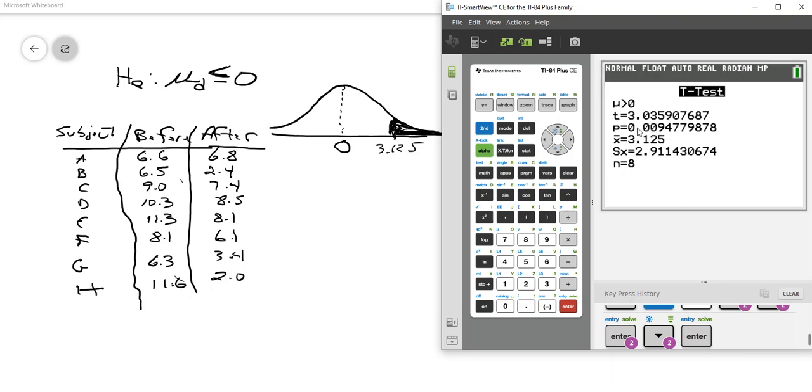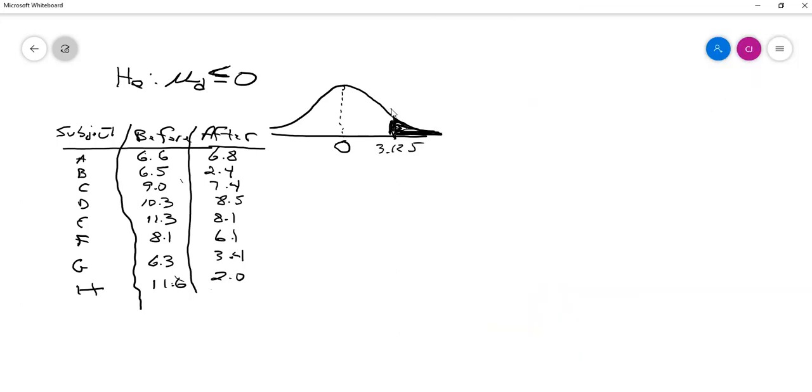And okay, our p-value, that's important. So what is the p-value again? Probability of a type 1 error if we reject, right? That means wrongfully rejecting the null hypothesis. So 0.0095.